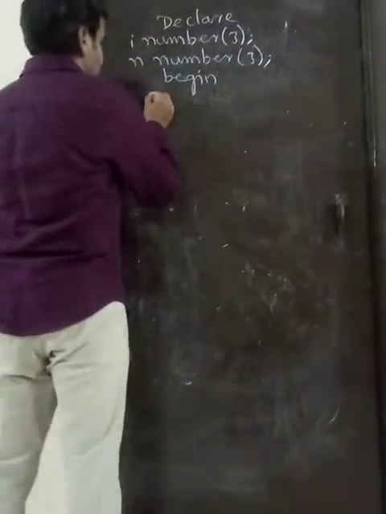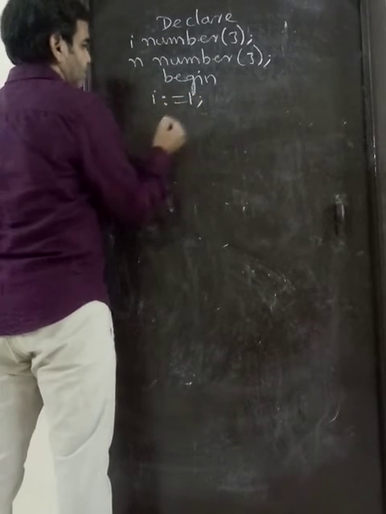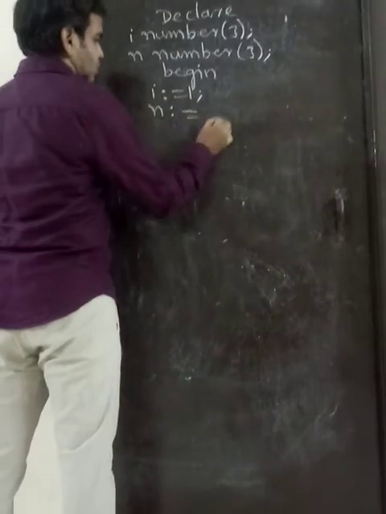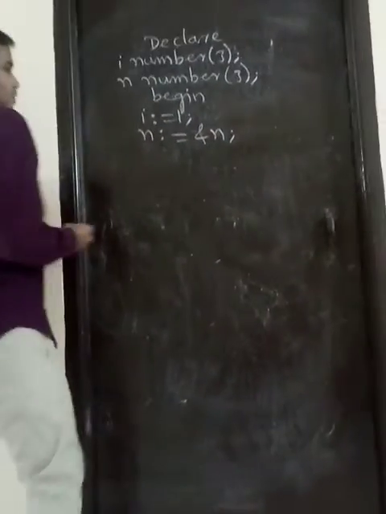So first initialization of I is equal to 1, n is equal to n. So first loop.